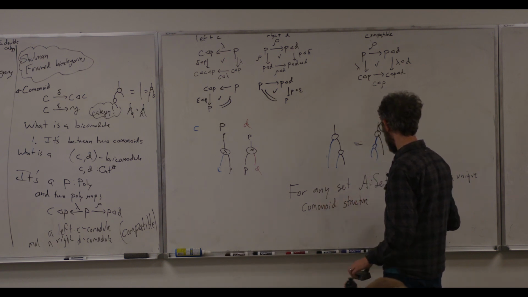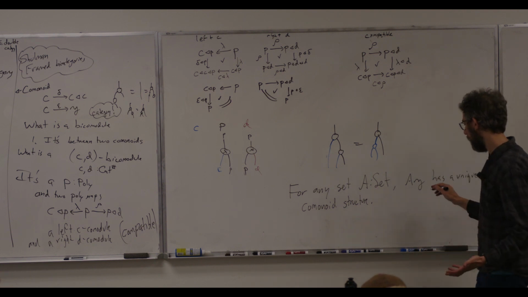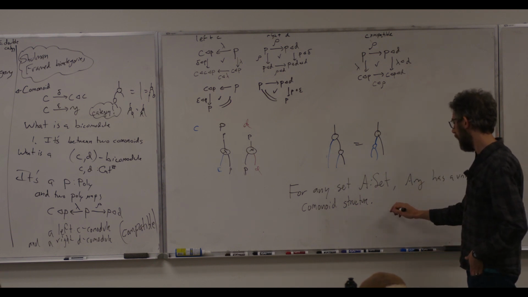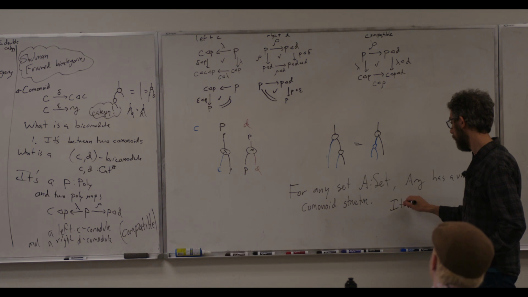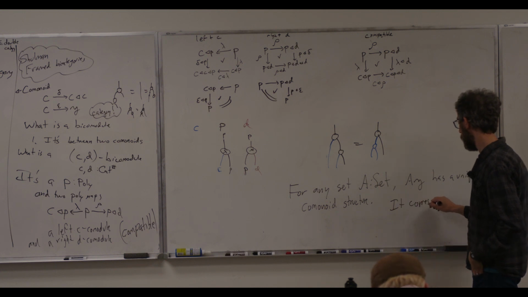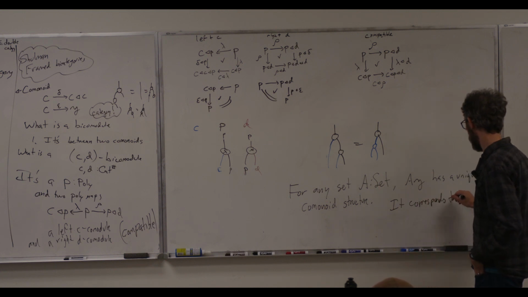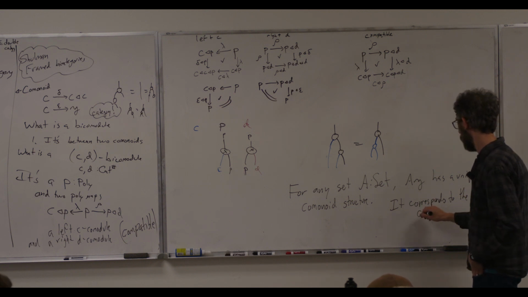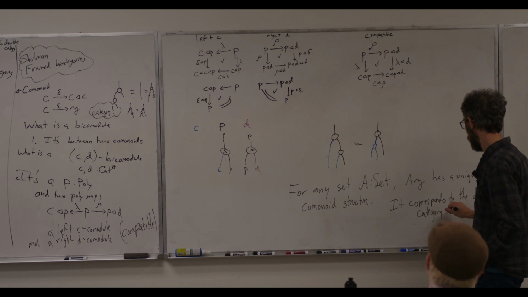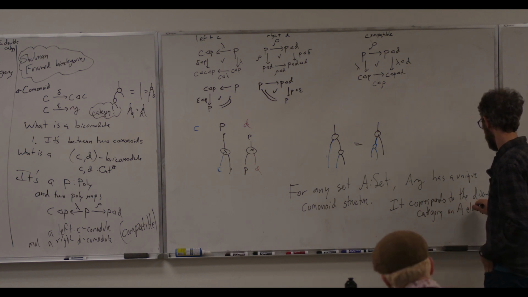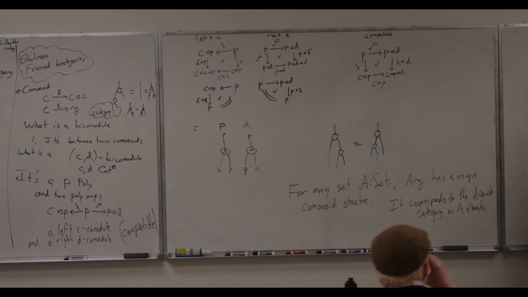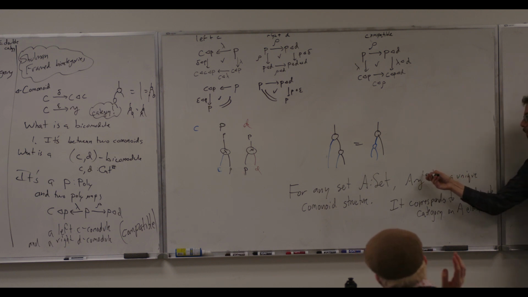The reason is, well, you can check it. It corresponds to the discrete category on A elements. So it's just a category with A objects and one identity morphism, which is why it has a 1 on every coefficient.